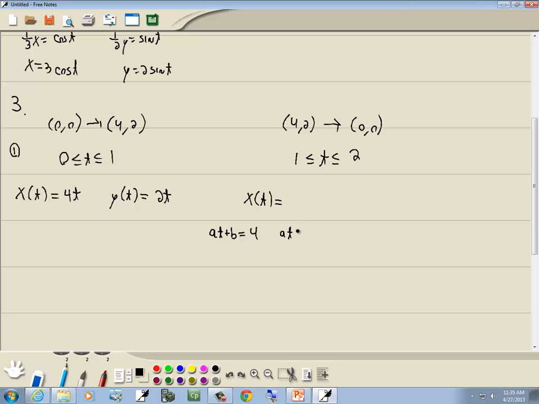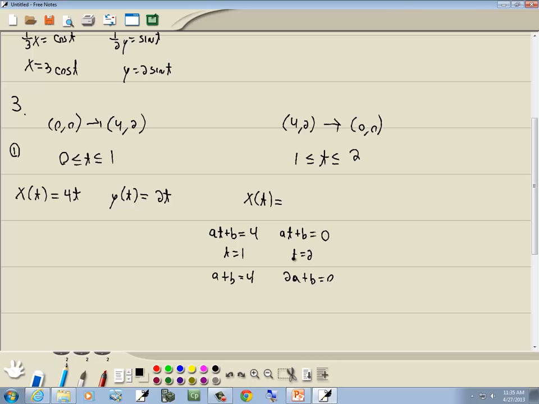And our at plus b is going to equal our ending x value, which was 0. We're starting at t equals 1, and we're ending at t equals 2. So if I plug those in, I get a plus b is equal to 4. If I plug 2 in, I get 2a plus b is equal to 0.